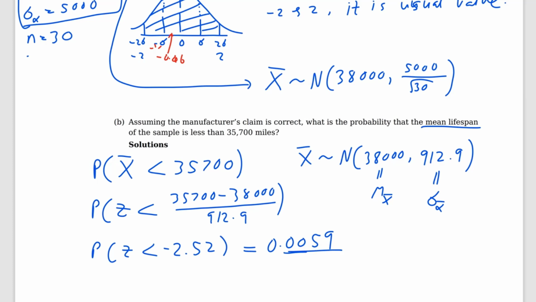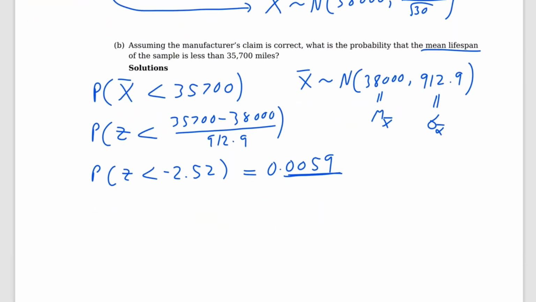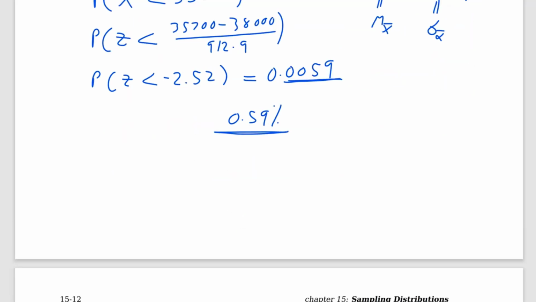This is the probability of x bar less than that. So then actually you can write down as a percentage if you want. So this answer is also right. Got it? Any questions? Can I move this one back to my read?